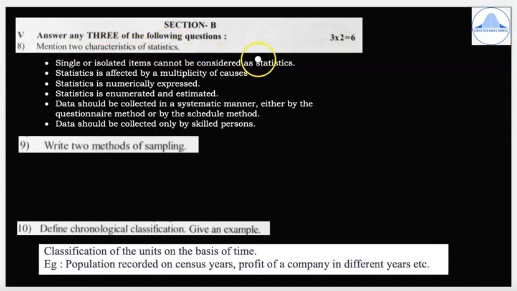So when this particular question is asked, you have to mention the characteristics which are defined in Horace Secrist's definition of statistics. So you can write single or isolated items cannot be considered as statistics. Then statistics is affected by a multiplicity of causes.